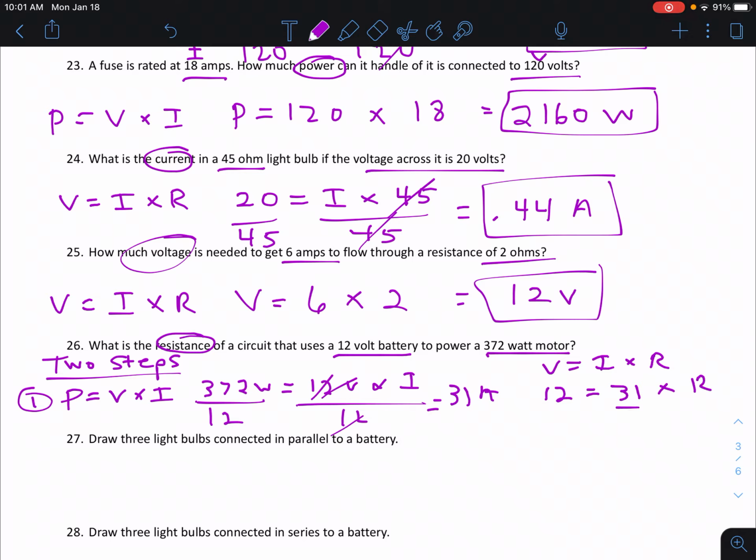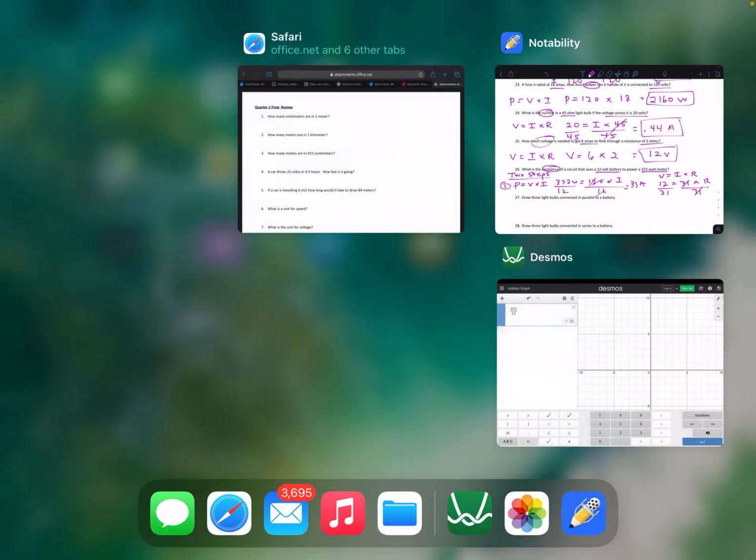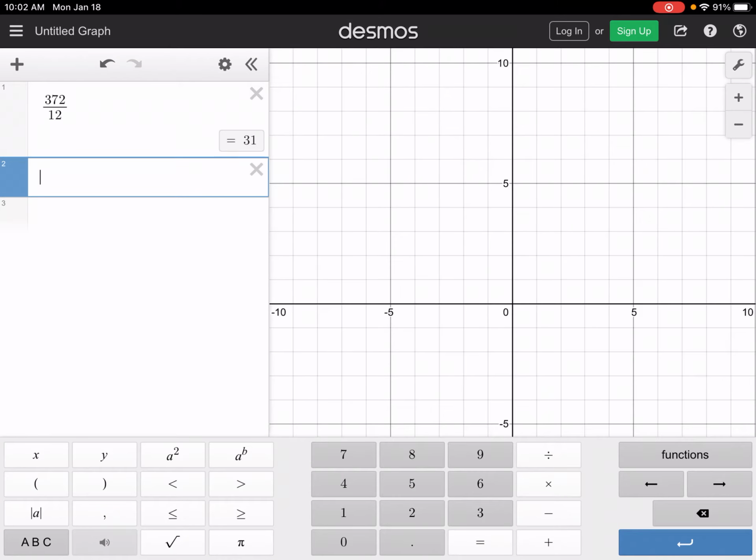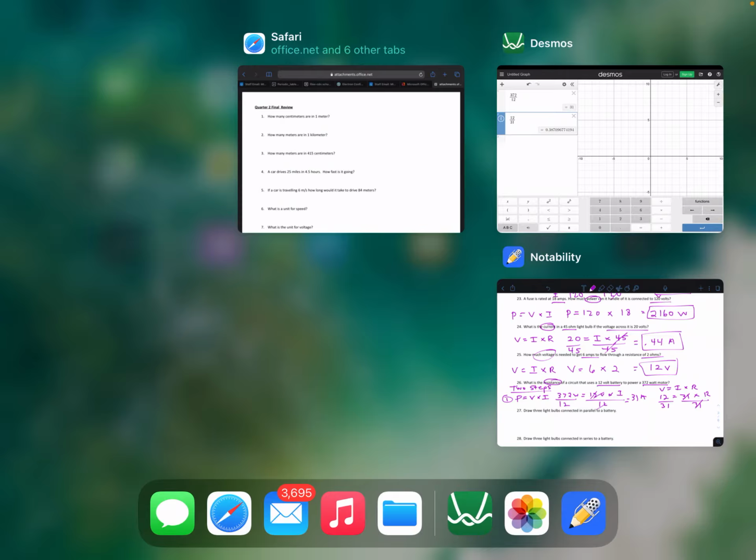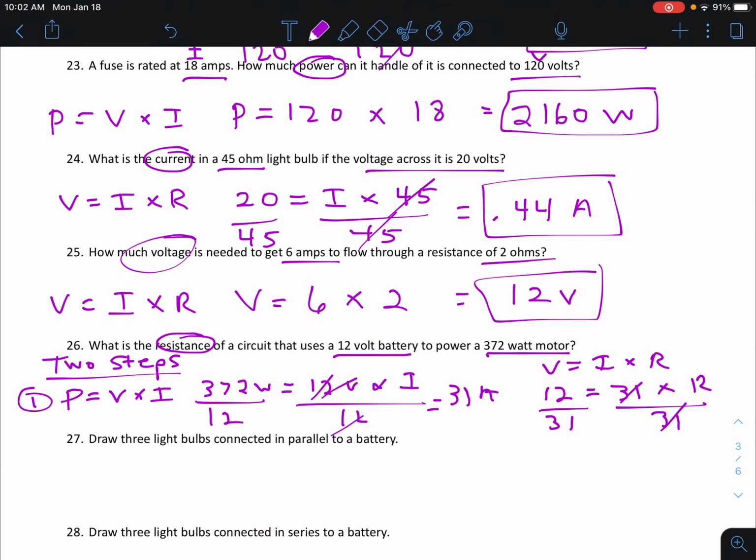We're going to isolate the resistance and divide both sides by 31. 12 divided by 31 gives us 0.387. We'll round that off to 0.39 ohms. That would be our answer for question number 26.